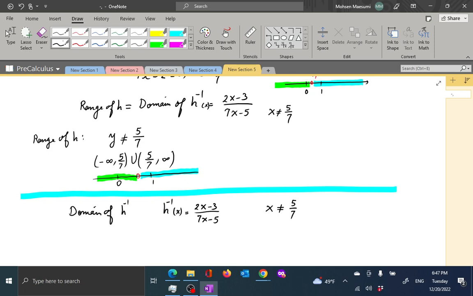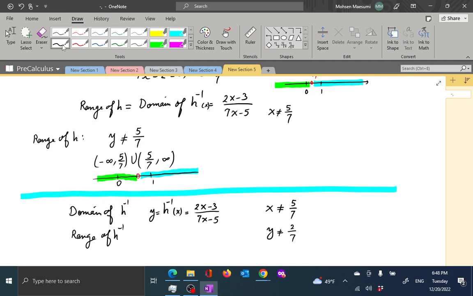The range of H inverse is all the y's that you can get, and we said the ratio of the coefficient of x in the numerator and denominator is what is going to be missing from our range. That's going to be 2/7. So you notice the domain of H inverse is the same as the range of H, and the range of H inverse is the same as the domain of H.